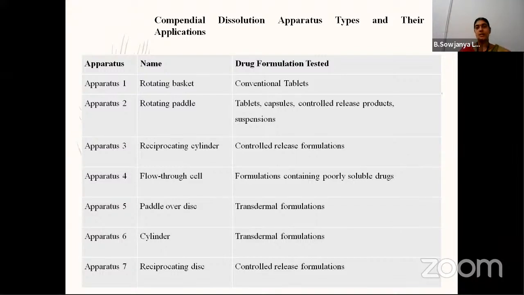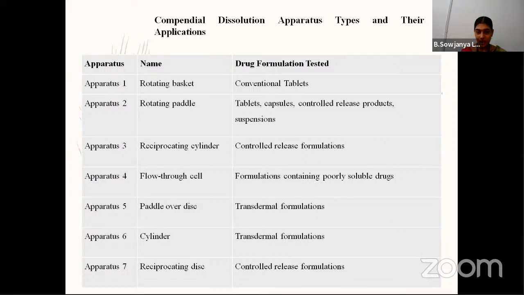So for the dissolution formulation being tested, if the tablet is conventional type, go for the rotating basket type of dissolution apparatus. For tablets or capsules, or maybe controlled release products or suspensions, select the rotating paddle type of apparatus.